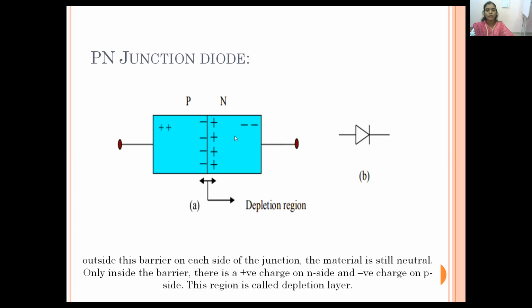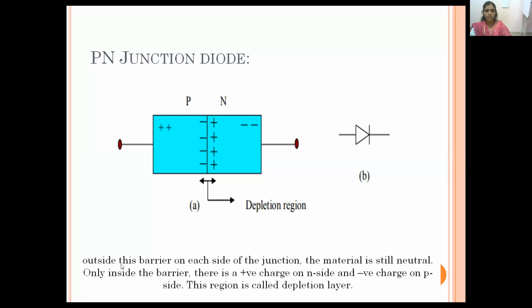Therefore, negative charge is established on the p-side of the junction. So outside this barrier, on each side of the junction, the material is still neutral. Only inside the barrier there is a positive charge on the n-side and negative charge on the p-side.